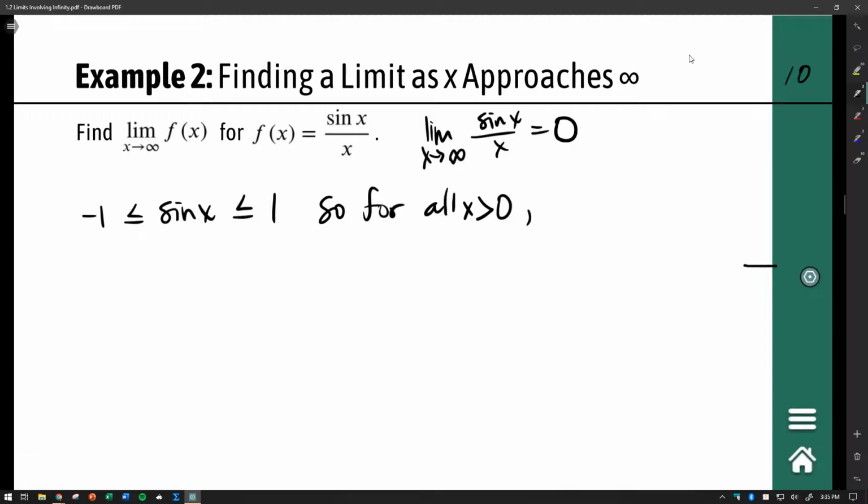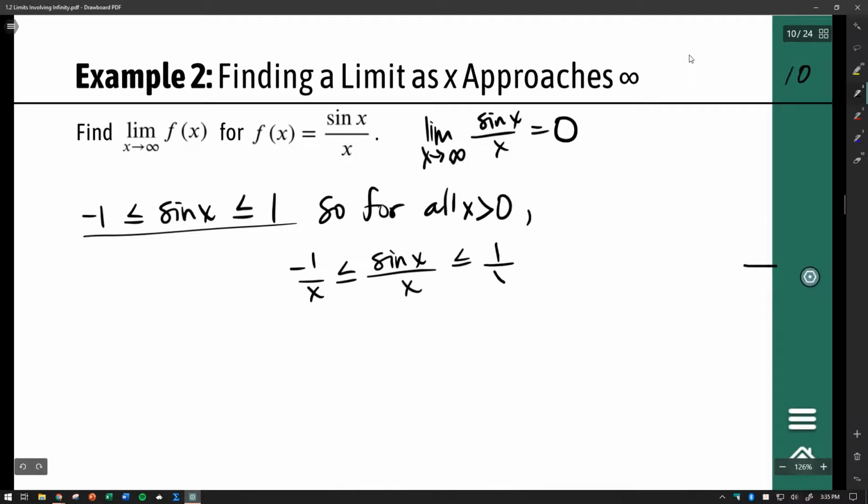We can start with this very statement and divide through by x. -1 over x is less than or equal to sine of x over x, which is less than or equal to 1 over x. And our function here is our f. The function to the left or underneath is the g, and the function over here is the h.